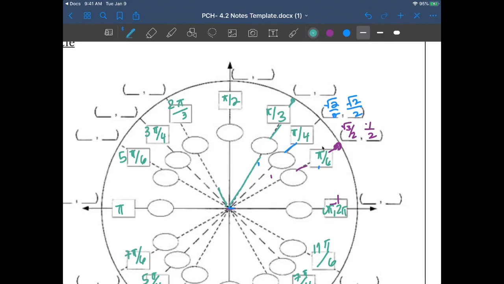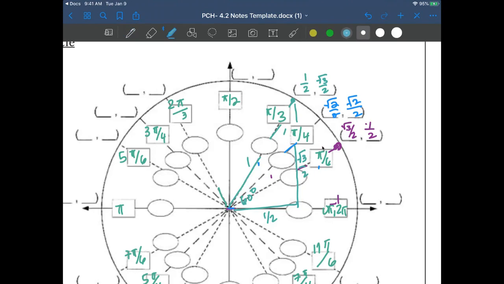Anyway, okay, so this is a 60-degree angle. So across from 60 would be root 3 over 2. And then across from 30 is 1/2, and our radius is 1. So my x value is 1/2, and my y value is root 3 over 2.